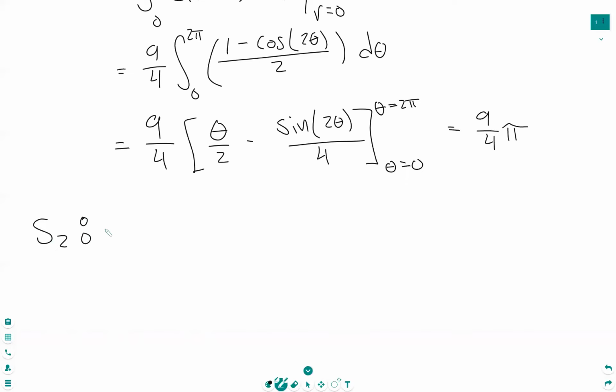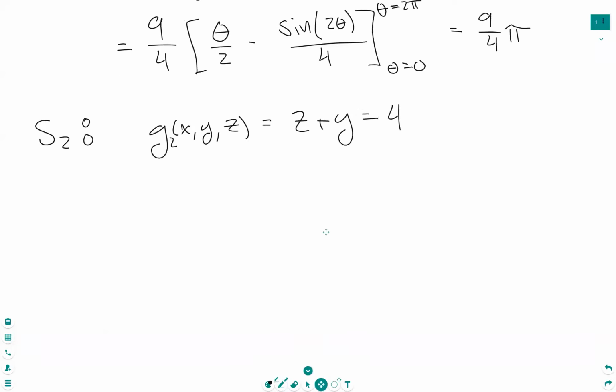So for S2, the behavior of the surface is given by the plane equation. So our g function for G2 should be z plus y is equal to 4, right? So we always need a constant on this right-hand side. Okay, step 1.